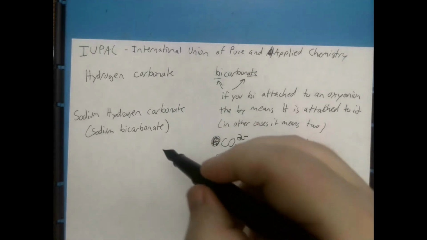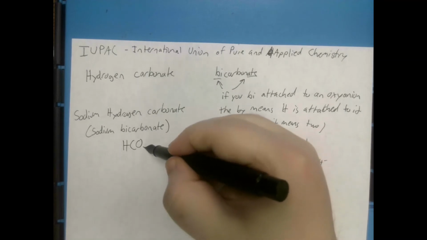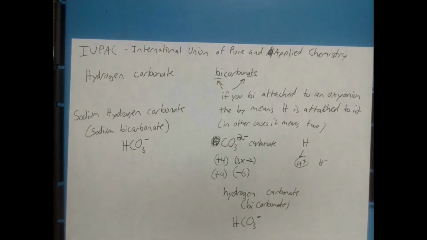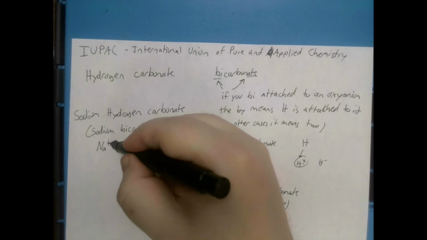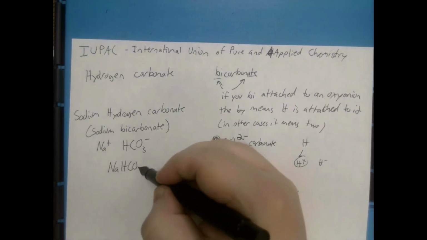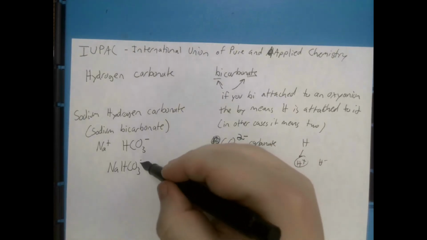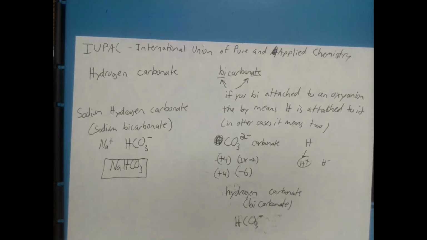So bicarbonate or hydrogen carbonate, HCO3 would have a negative charge. Sodium would have a positive charge, so it's NaHCO3. That's the full formula.